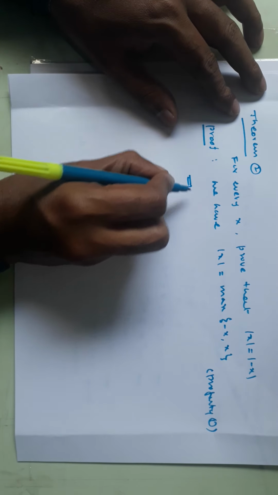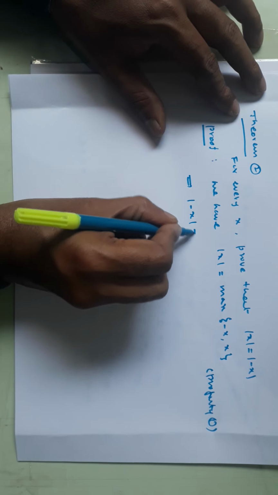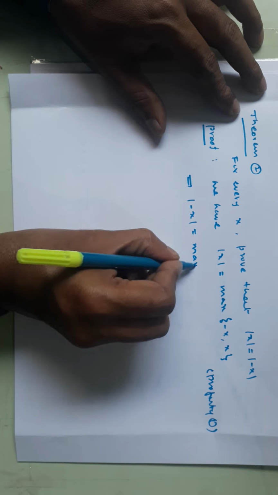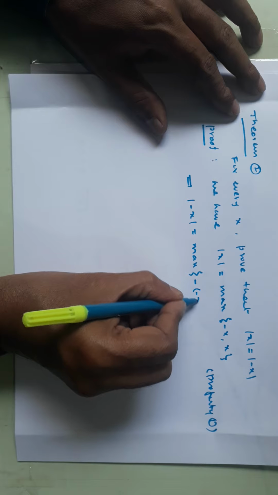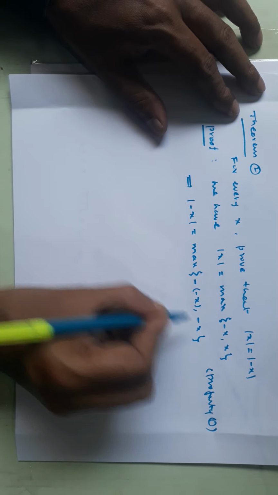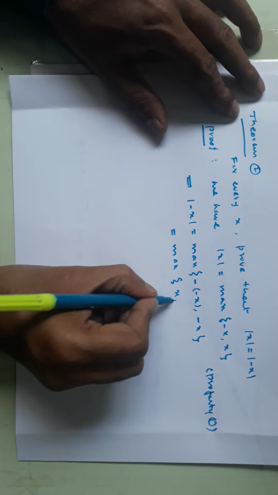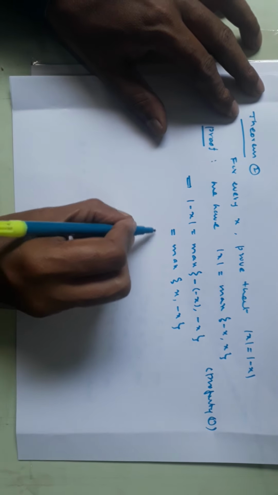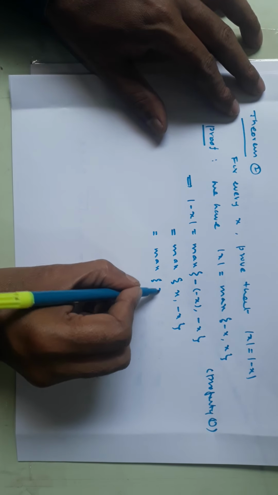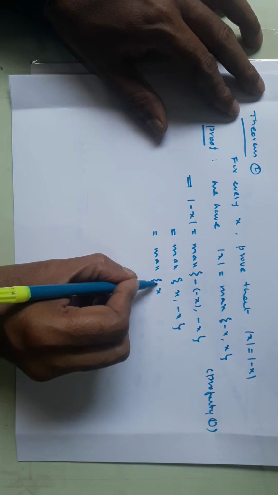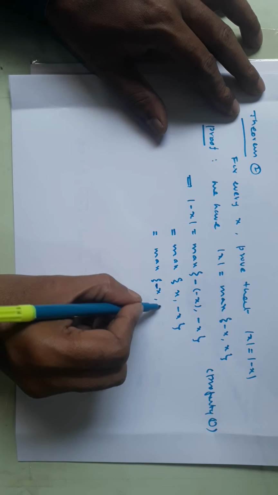So replace x by minus x, so that mod minus x is equal to maximum of minus of minus x comma minus x, which is equal to maximum of x comma minus x, which is equal to maximum of minus x comma x.